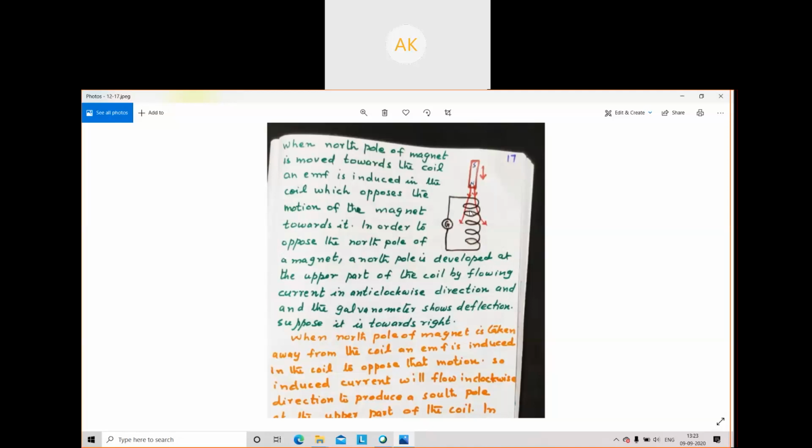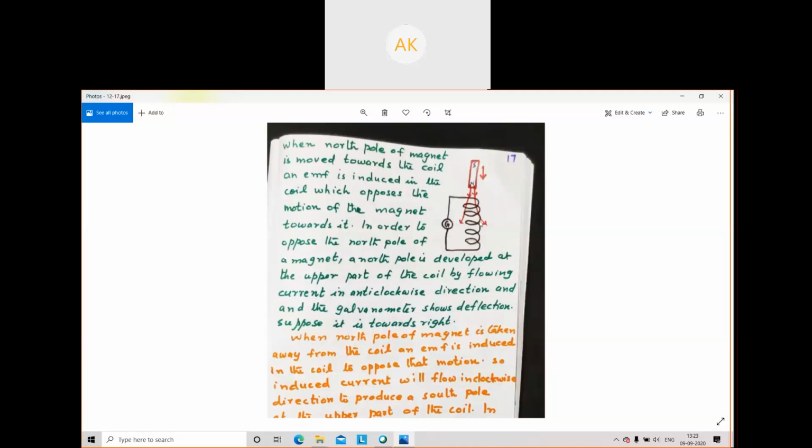When current flows through the coil, it changes into a magnet. So, near the north pole of the magnet, a north pole is induced. That means current is induced in such a way as to form a north pole there. So, anti-clockwise direction current flows here. That is the meaning. So, what is Lenz's rule?